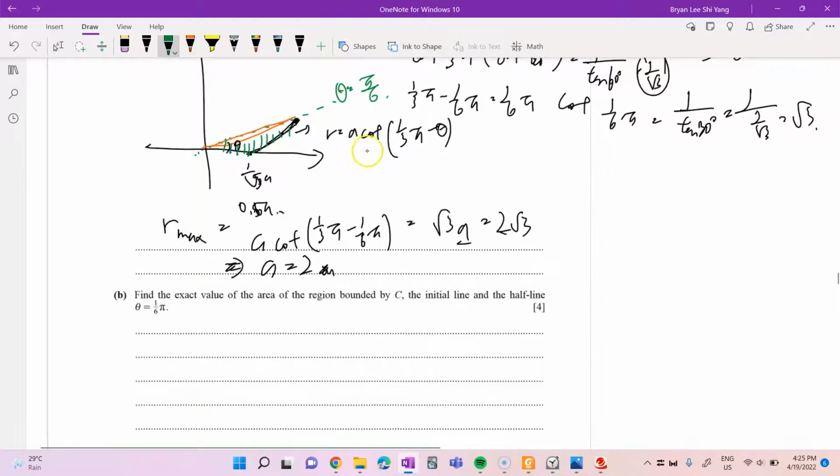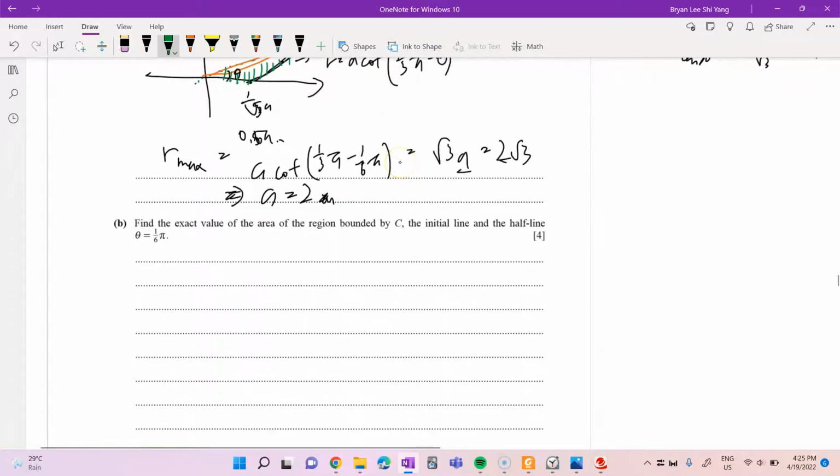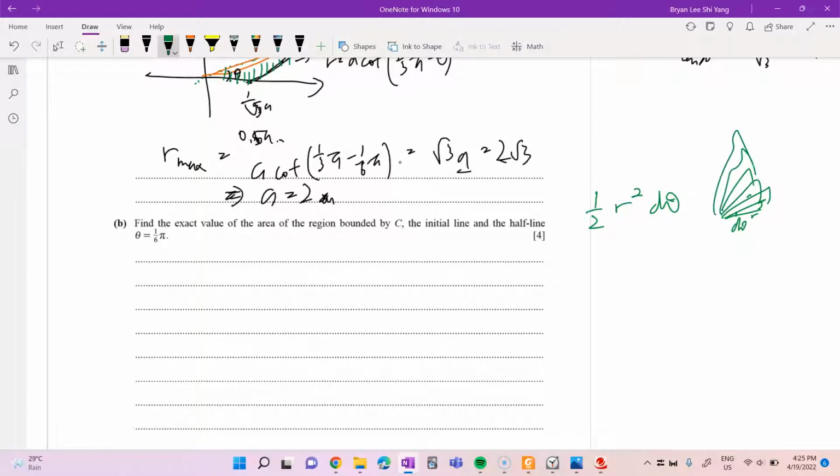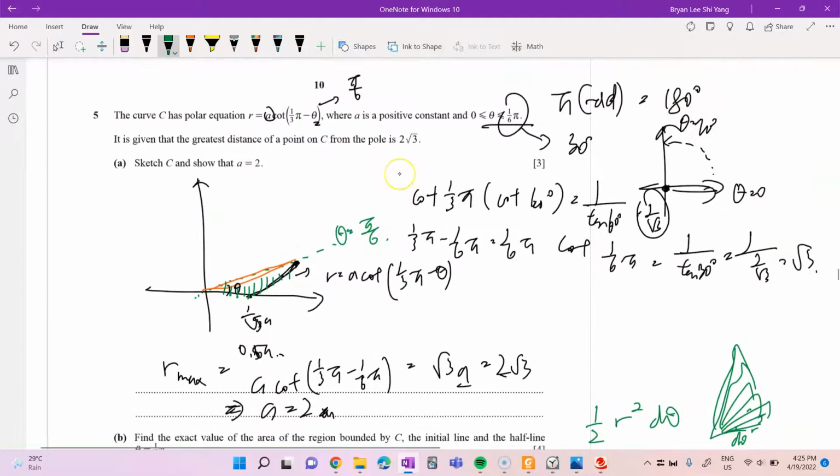This represents something in the form of half r squared dθ. You can imagine a very small dθ, where r is almost the same, so it resembles a sector of a circle, and then you add up all these. This is where the formula came from, and r here is represented in terms of θ.